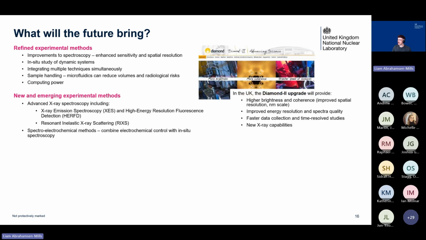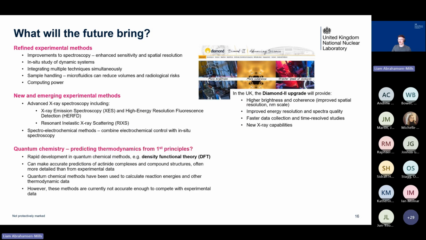In the UK, the Diamond Light Source will be, over the next several years, receiving some upgrades that will provide improvements to brightness and coherence. That will improve resolution, faster data collection, and provide greater opportunity to use some of these new X-ray capabilities that I've mentioned.